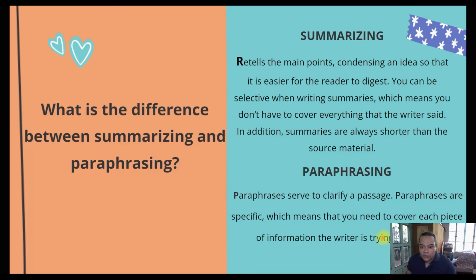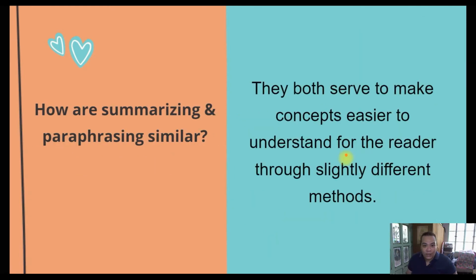Okay, so remember that in summarizing we are selective, okay, but in paraphrasing we are covering each piece of information. Okay, that's the difference. But they are similar in a very important way. Summarizing and paraphrasing are similar because they both serve to make concepts easier to understand for the reader through slightly different methods.